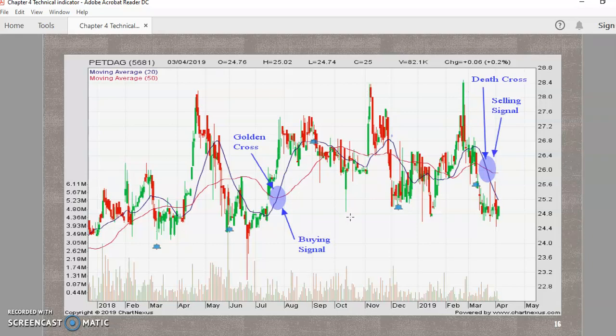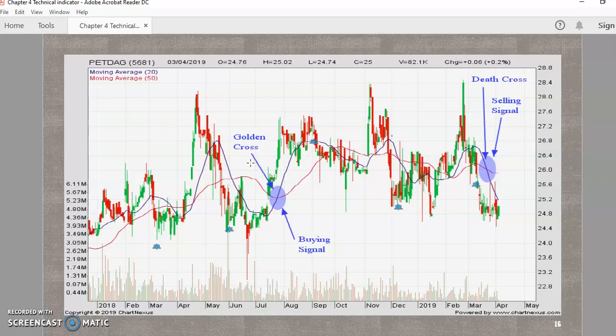Okay, so this is another example. I'm still using the same chart, but in this chart, I add a 50 days moving average. So here we have 20 days and 50 days. 20 days is the shorter moving average, 50 days is the longer moving average. So how do we identify the buying and selling signal?